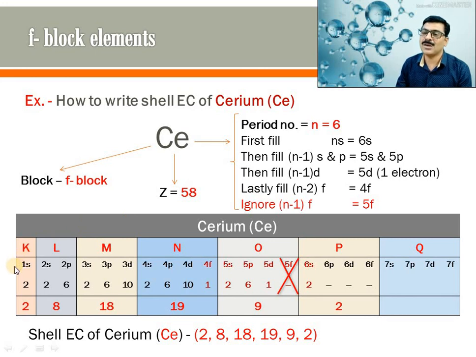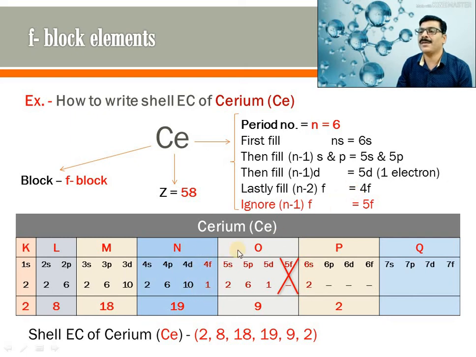The K shell contains the 1s orbital, so it has 2 electron capacity. L contains 2s 2p, meaning total 8 electron capacity. The M shell contains 3s 3p 3d, meaning total 18 electron capacity. Then the N shell contains 4s 4p 4d and 4f.